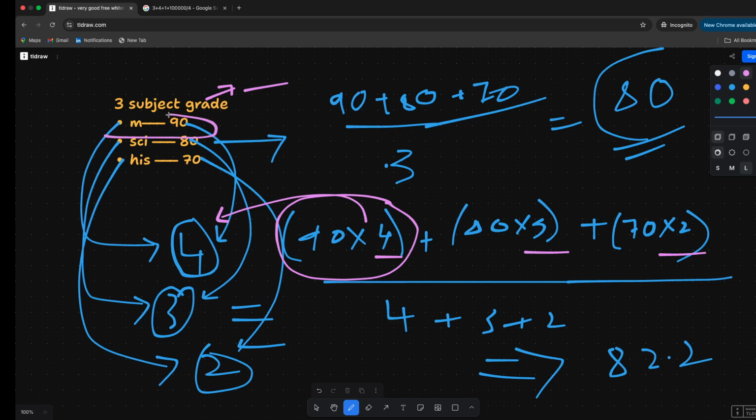In which subject did he spend more hours, and what was the result he got there? The only difference between these two is these weights, so the mean is going to get affected by the weights.